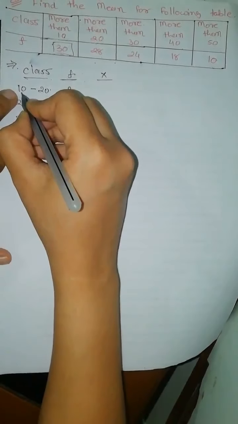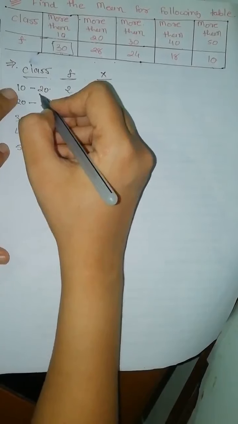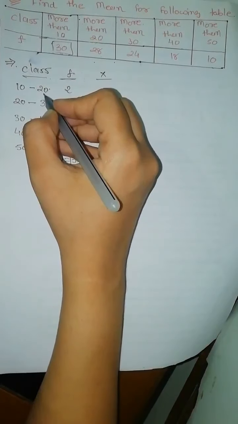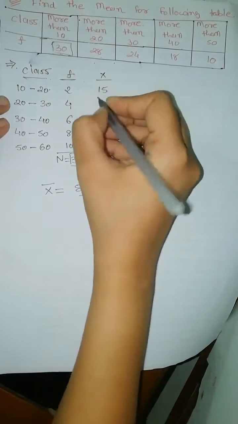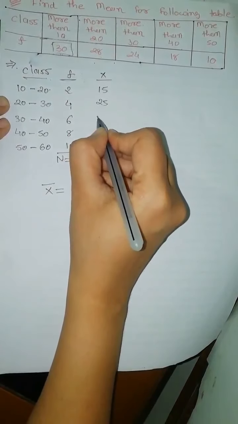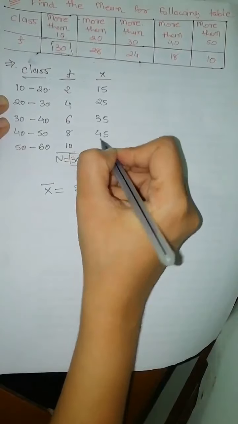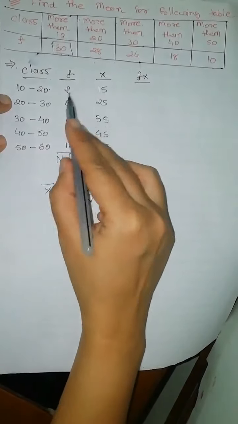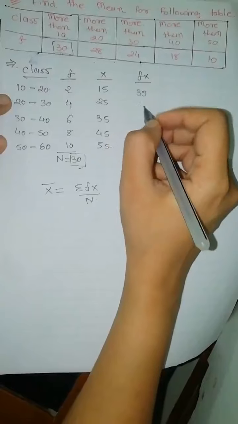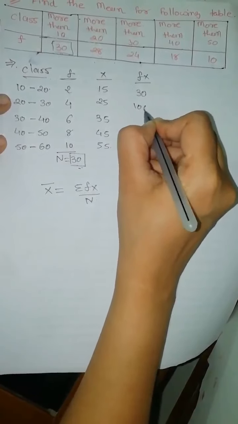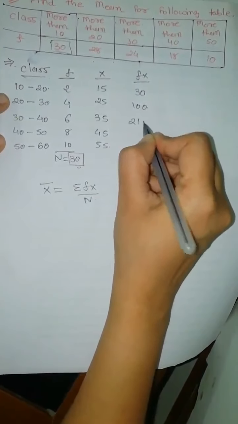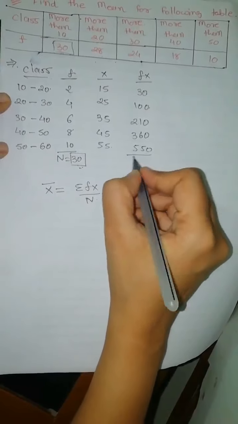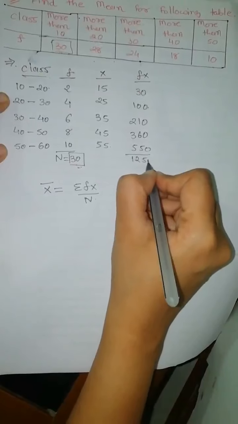For 10 to 20, 10 plus 20 is 30, divided by 2 is 15, next class 25, 35, 45 and 55. Then I have to find the fx value. 15 into 2 is 30, 25 into 4 is 100, 210, 360, 550. So the total sigma fx is 1250.